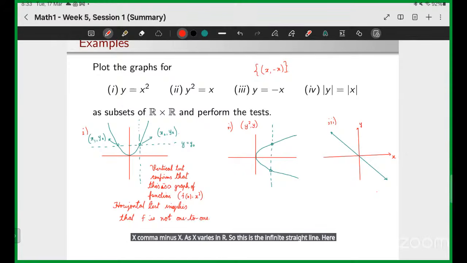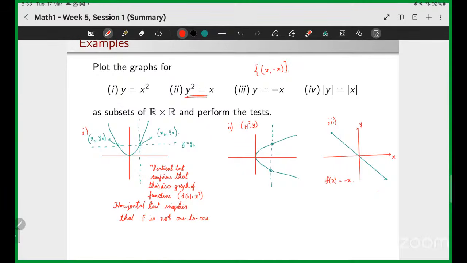Here I've drawn a part of it. Is there any vertical line which intersects the graph in more than one point? No, so this is a function. And the function is actually just f of x is equal to minus x.